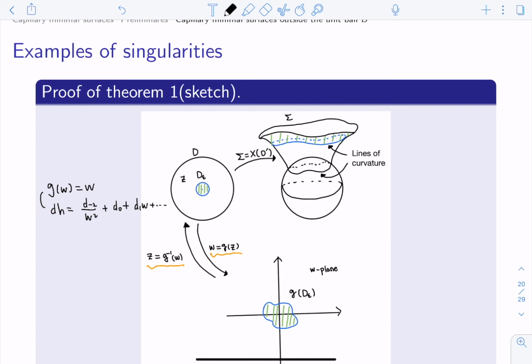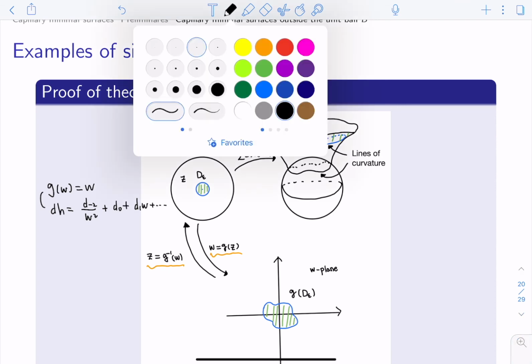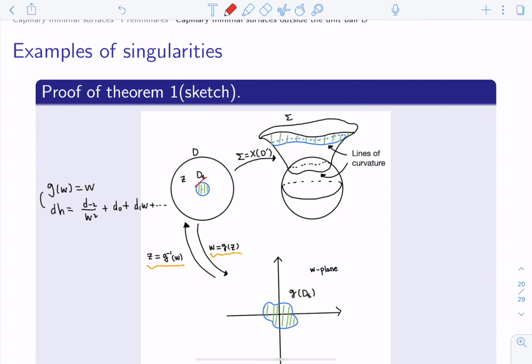As you see, we have a very simple expression with the new coordinate W, and we have to be very careful, because the tangent vector to the line of curvature like this goes to this vector here, and it's no longer orthogonal to the position vector.